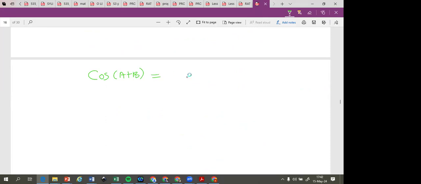Now, what you need to remember is that we are building from the idea that cos of A plus B is cos A cos B minus sine A sine B. Now, what we have is cos of 2A. Your idea should be, how can I express it in the form A plus B, the way we have been doing with angles?